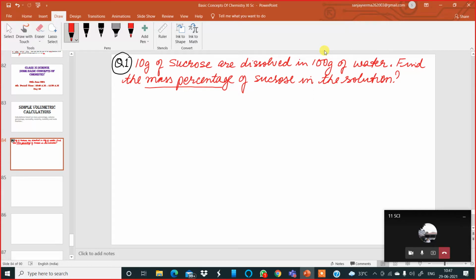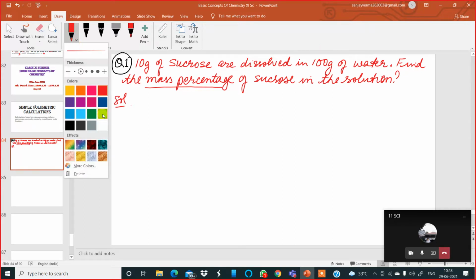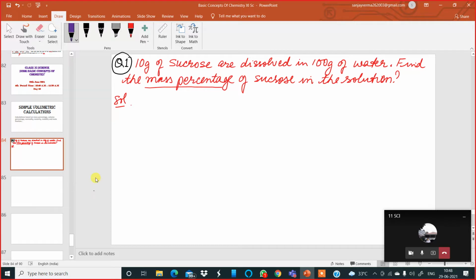Now, the solution for this question, let us do it. Write down what is given in the question. What is the mass of sucrose?